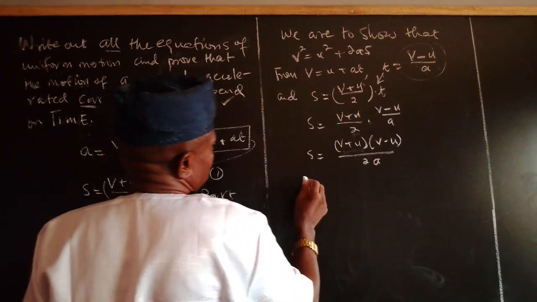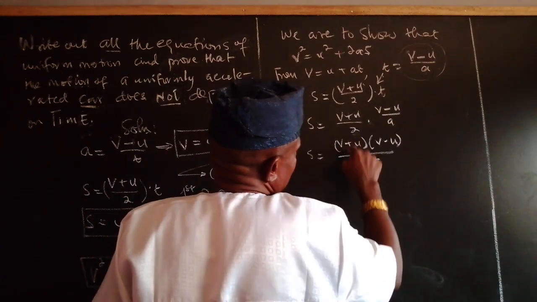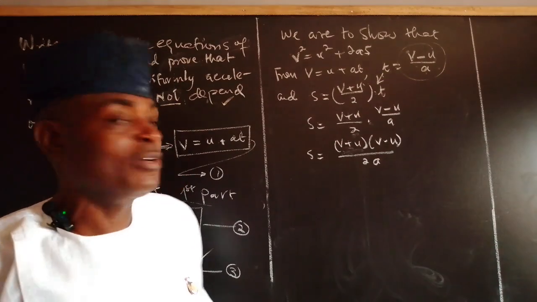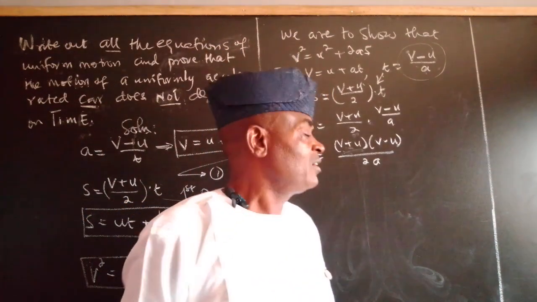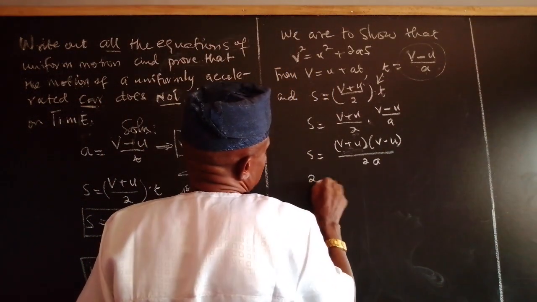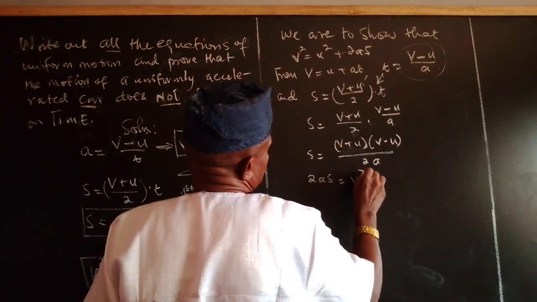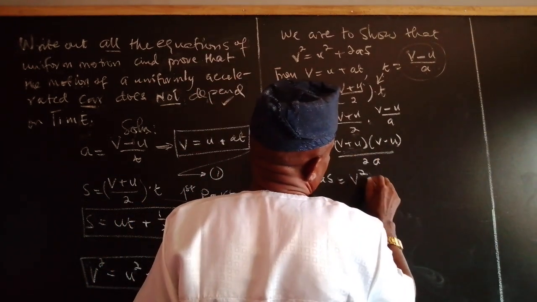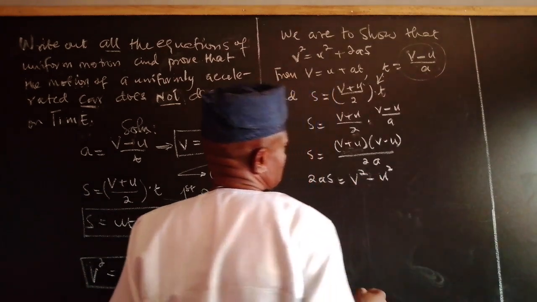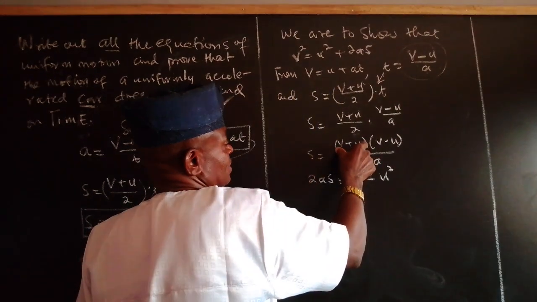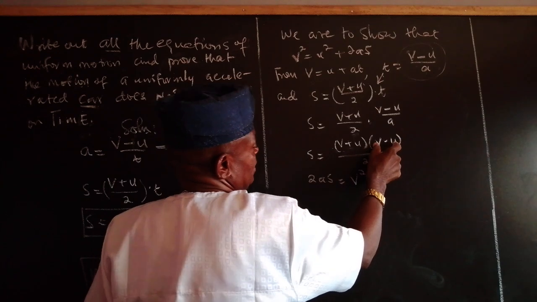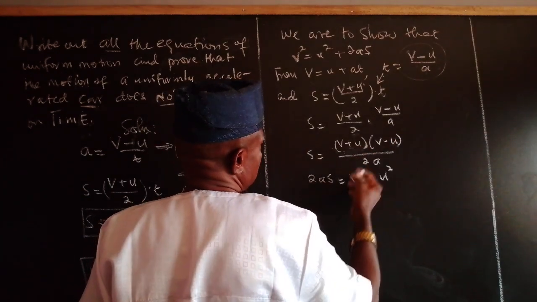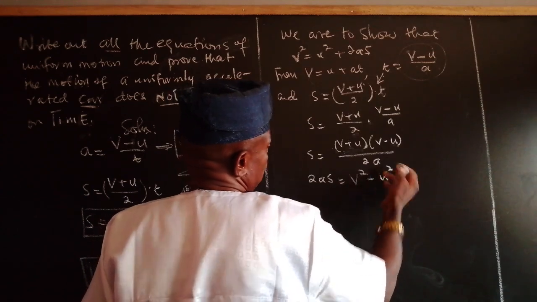If we cross multiply, the numerator appears to be an expression of the difference of two squares. All right, so if we do that, we have 2as equals v squared. Open this bracket, and then you just simply write it as a difference of two squares. If you have something like this, they are adding, multiplying, they are subtraction. All right, what you do is you just find the difference of two squares. You square one, take away the square of the other one.